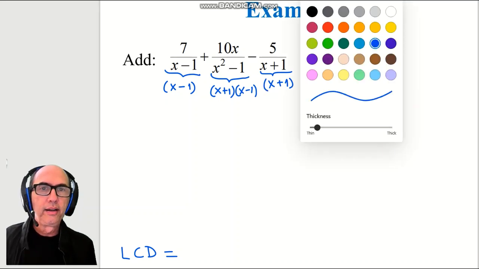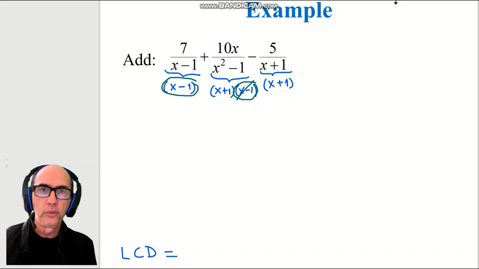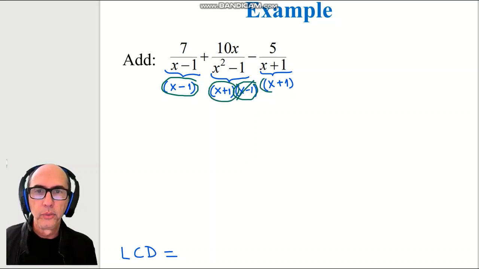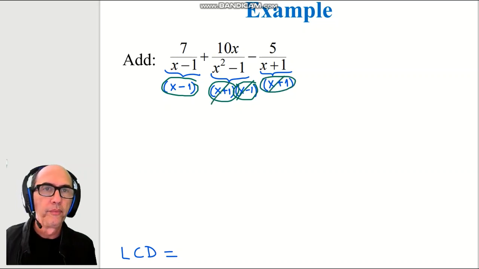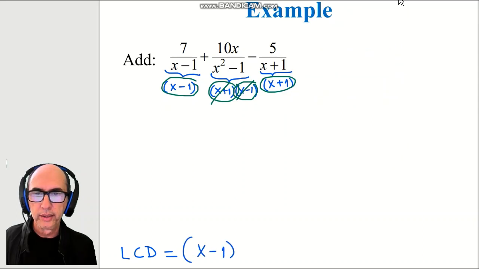Find the unique factors. Unique. X minus 1 is repeated, so don't repeat. X plus 1 is also repeated in different denominators. Don't repeat. The least common denominator will be x minus 1 times x plus 1.